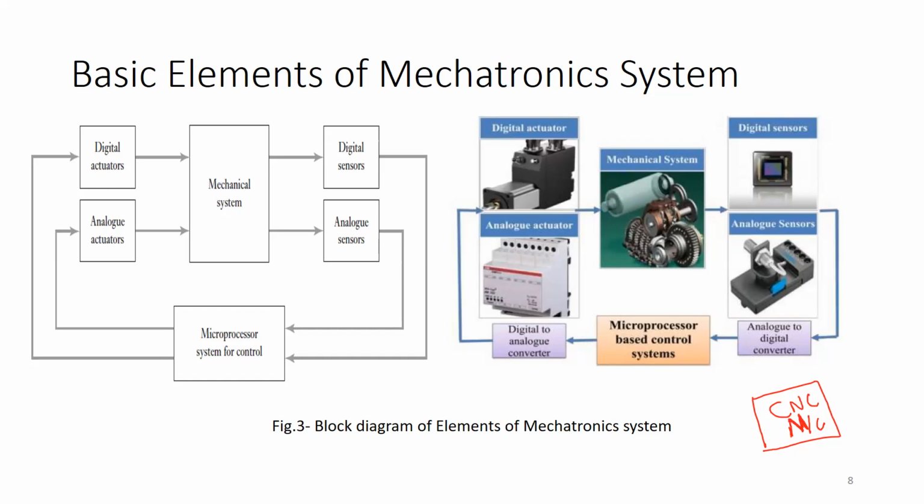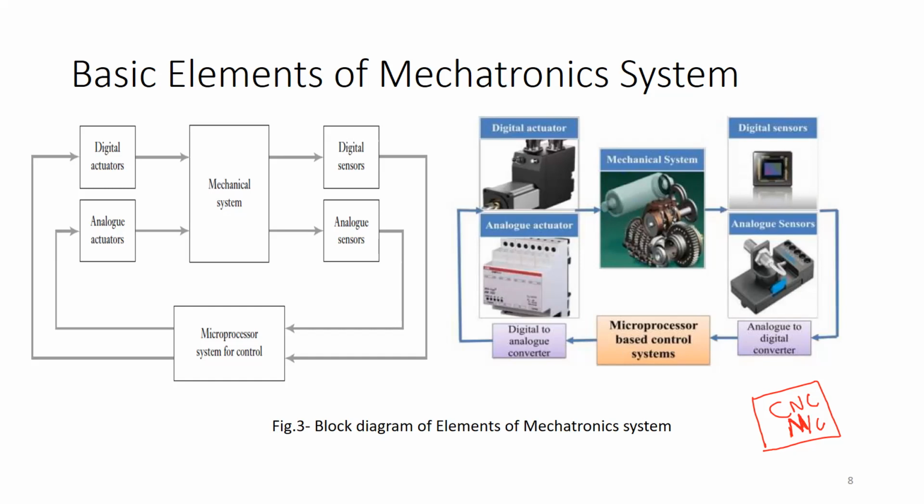If we consider the machine tool to be a mechanical system in this case, and the tool is rotating, suppose you are considering a milling machine. So the tool is rotating at very high speed. Whatever is the RPM of the tool at a given instance of time is sensed by a digital or an analog sensor.